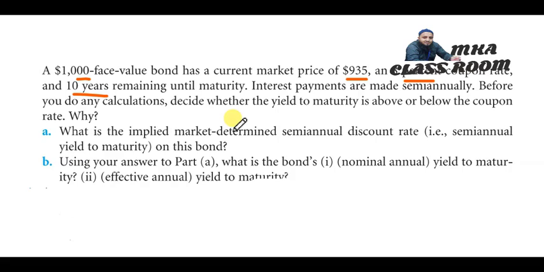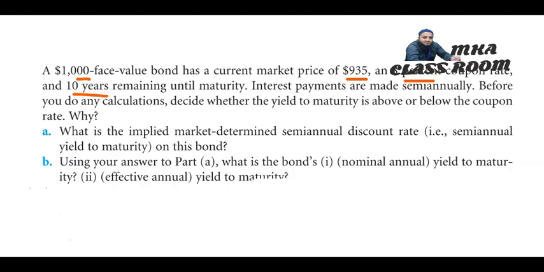So you can easily provide the answer that it is currently selling below its par value. That means the market yield is more than the coupon rate. So it is very easy to say. Okay, now we will see the calculations.